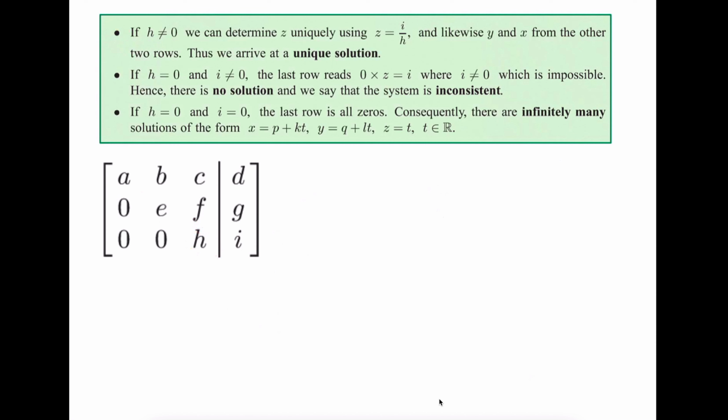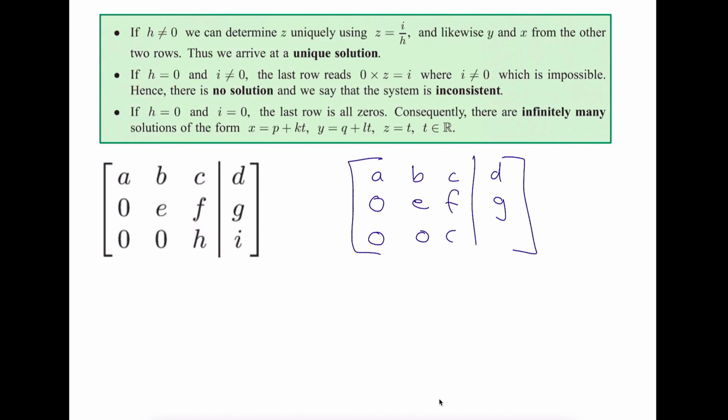But if h equals 0, so there's no reason why we couldn't have it come out as being A, B, C, D, 0, E, F, G, but the h comes out as 0 itself, so I would be a number.